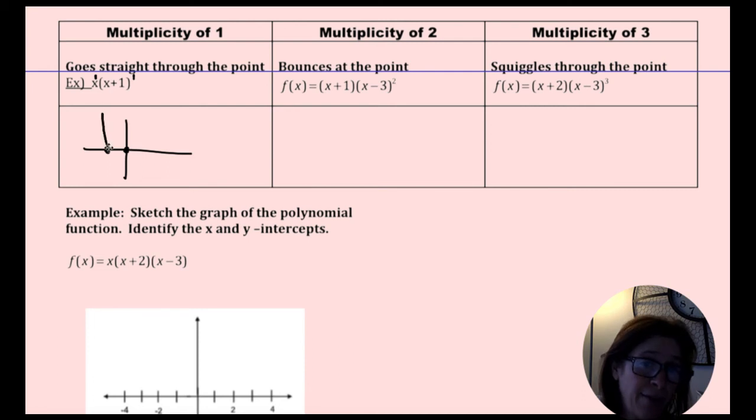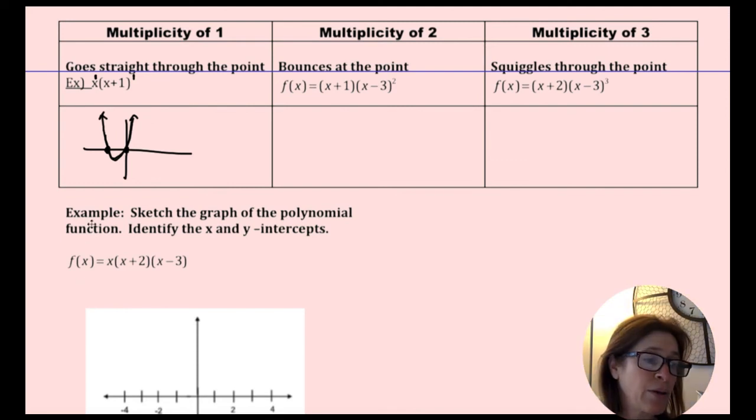At that x-intercept, a degree 1 multiplicity means the graph is just going to slide right through those points. Whereas in this next one, I have a degree 1 multiplicity and a degree 2. That tells me what's happening at each of their x-intercepts.